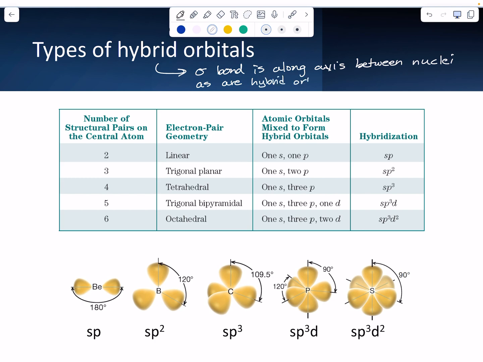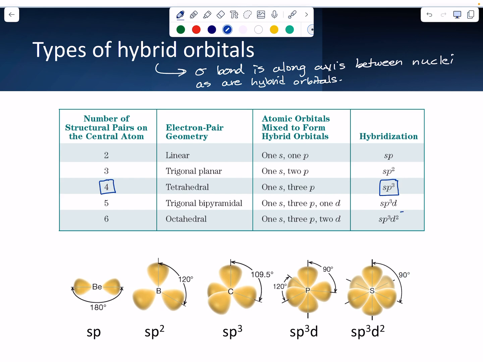This is just a chart again of all of the types of hybrid orbitals that we talk about and how they correspond to the geometry. And again, you'll notice that the number of things in our hybrid matches the number of structural pairs.